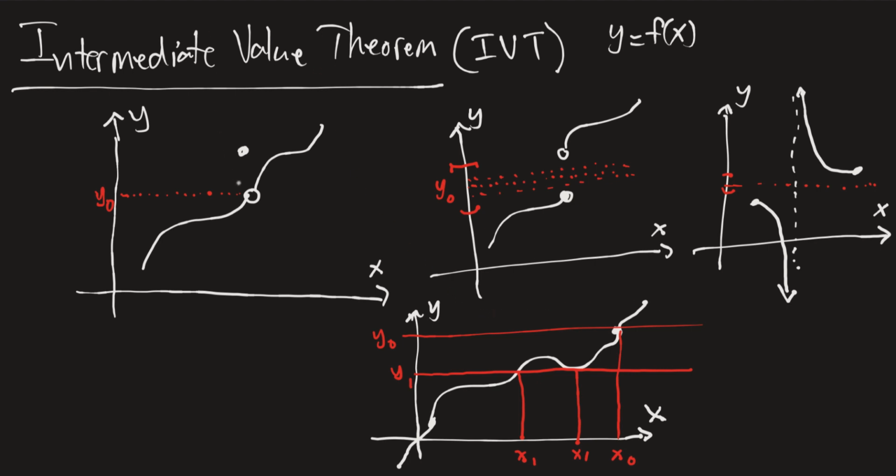The difference between the top three and this one in the middle down here is continuity. As a reminder, this function has a removable discontinuity right at that point. This one has a jump discontinuity. This function has an infinite discontinuity. So when you have discontinuities, then the guarantee of being able to find an x value goes away.